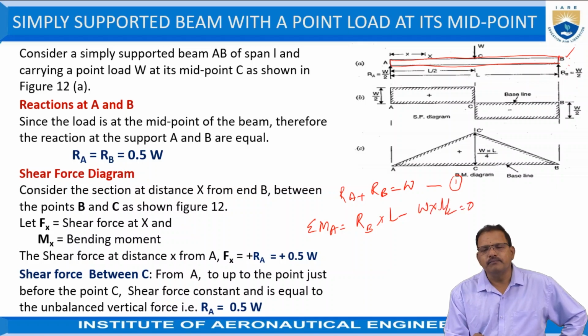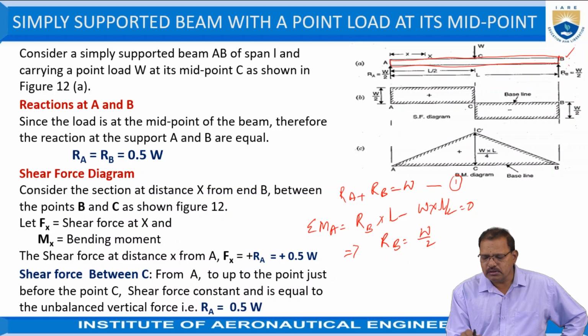The sum should be equal to 0. From these relations, RB is equal to W by 2. Similarly, because RA plus RB is equal to W, RA is also equal to W by 2.